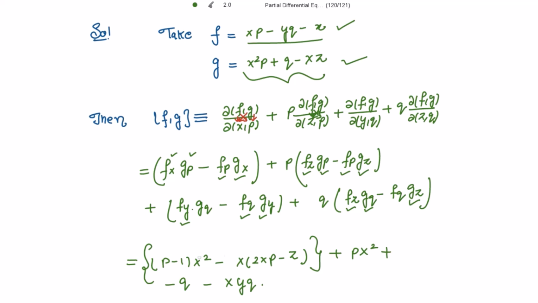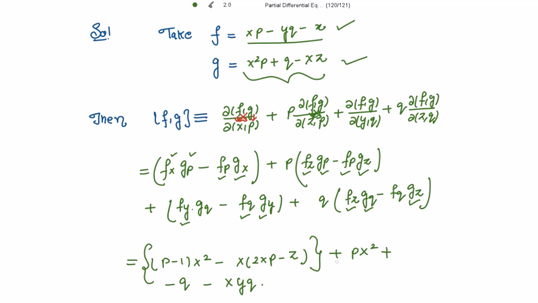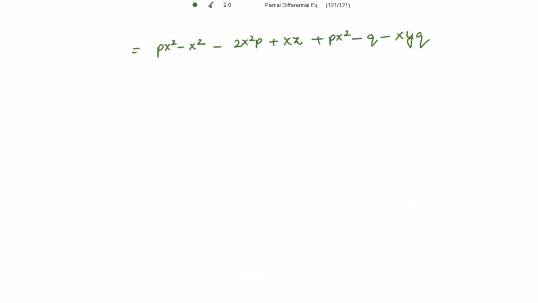Opening these brackets, for the first term we have px square minus x square, and then minus 2x square p plus xz. And then we have plus px square minus q minus xyq.